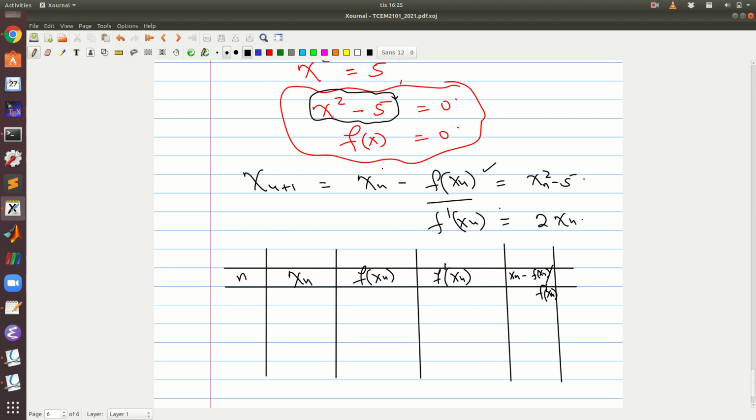Just this, and this is the root. Okay, this is not that neat. You get the idea, right?